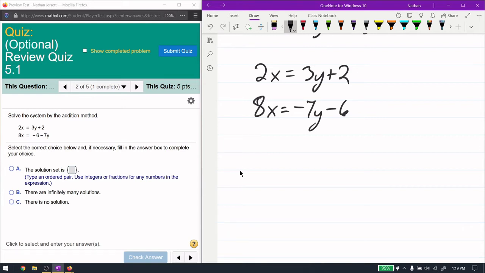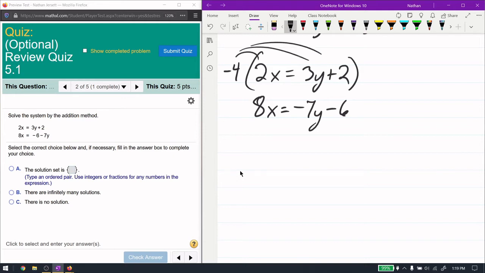And the most important thing to do here is get one of the variables to have the same coefficient but opposite signs in front. In my mind, the easiest one to see is to make this 2x into 8x by multiplying by 4, but not just 4, because that will give us positive 8. We want to have opposite signs. So I'm going to multiply by negative 4.